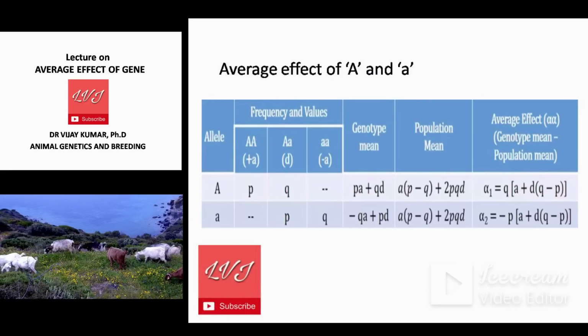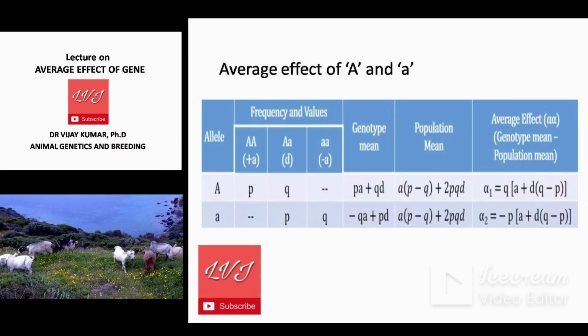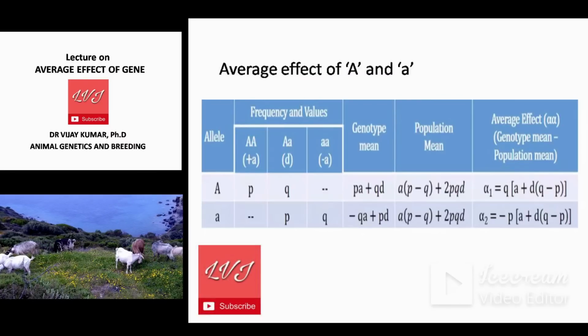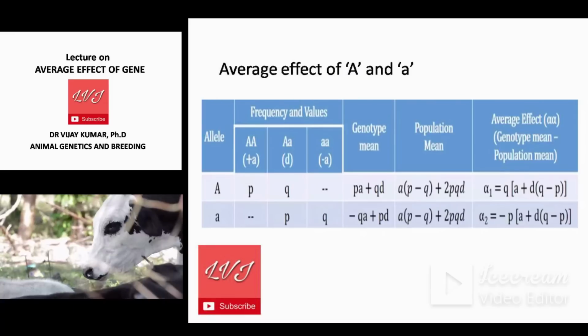So generally, the average effect of the dominant allele is denoted by alpha 1, and the average effect of the recessive allele is denoted by alpha 2.